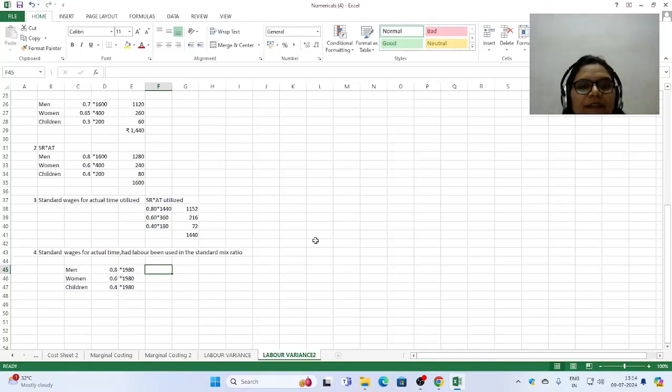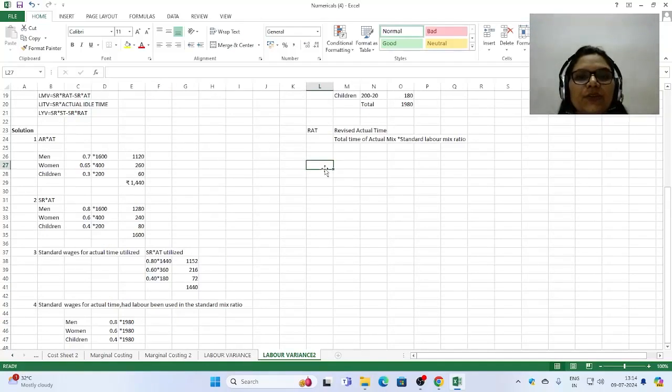Again, it is saying standard mix ratio. What is standard mix ratio over here? How do we calculate standard mix ratio? For calculating standard mix ratio, I'll show you the calculations separately.